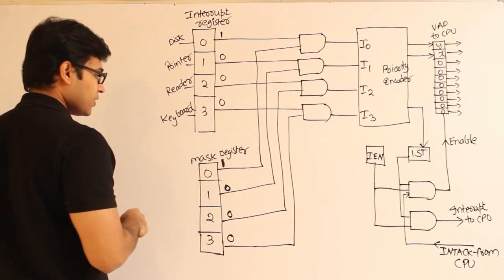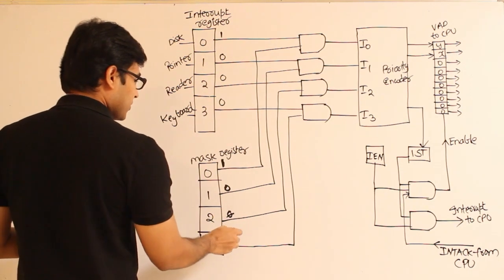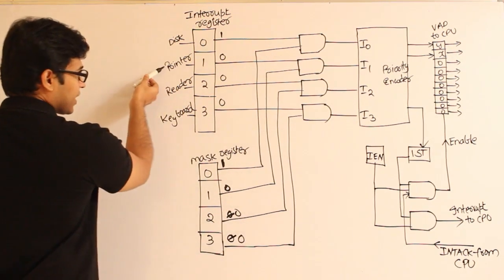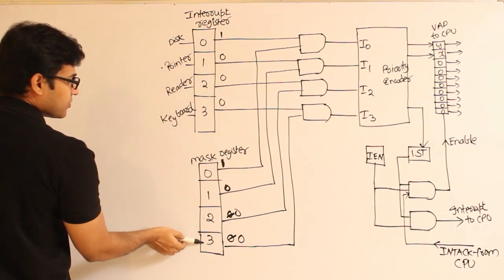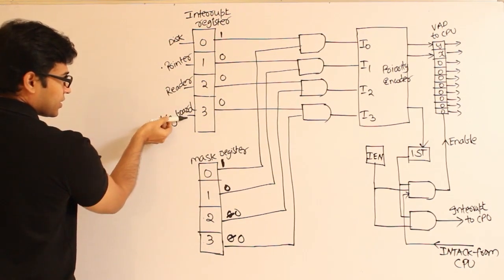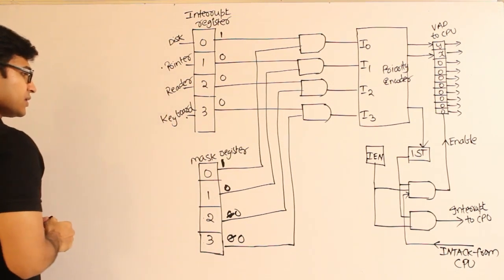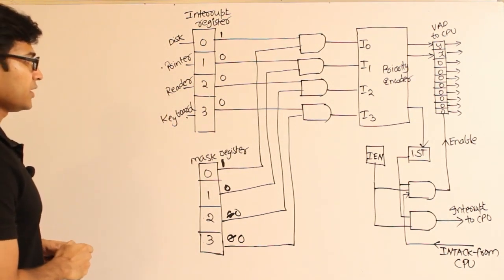That is why this one will be 1 and these two parts will be zeros. Why? Because the printer is higher priority than the reader and keyboard, and these 2 bits corresponding to reader and keyboard should not interrupt the printer when the printer is being serviced. Got it?